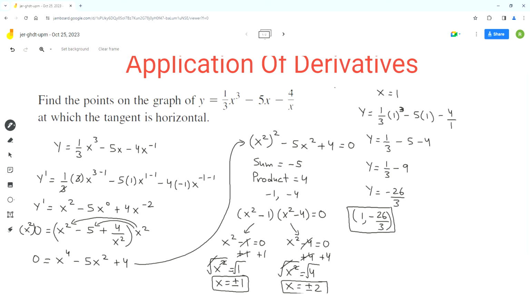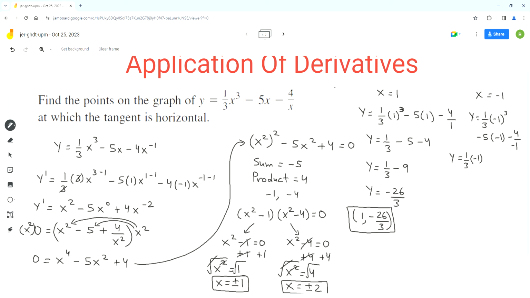Now we can use the other x value, x equals negative 1. So we get y equals 1 over 3 times negative 1 cube minus 5 times negative 1, then minus 4 over negative 1. Now negative 1 cube is negative 1.